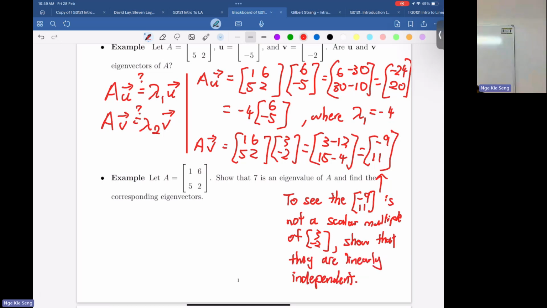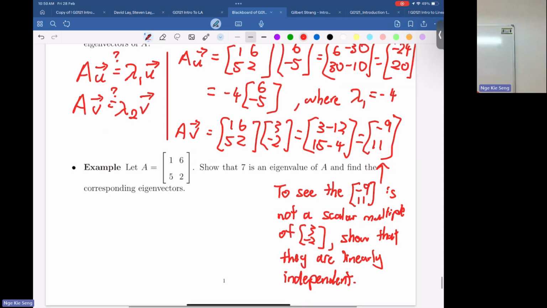Okay, they are linearly independent. You cannot say that, oh, because I cannot find it, so it doesn't exist. Cannot find doesn't mean don't have. Be careful. If you want to prove something doesn't exist, you should show that. You can use contradiction. Suppose it exists, and then there's some contradiction. You cannot say that I cannot do it, so it cannot be done. This is a very wrong concept.